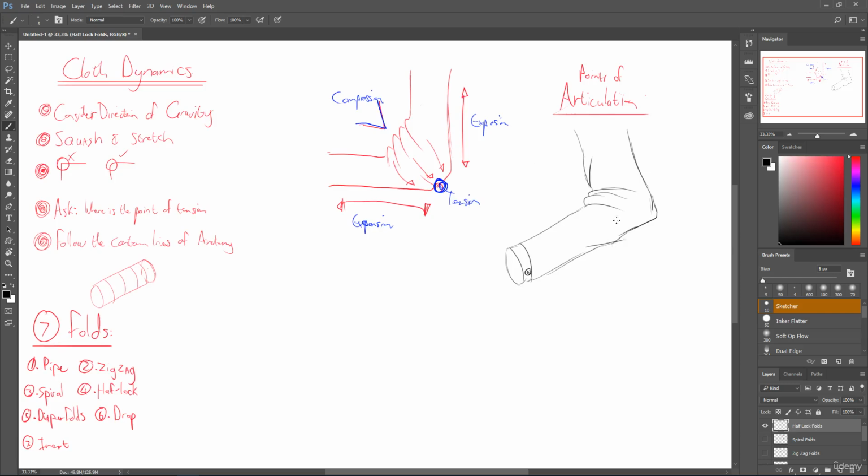And we get these half-lock folds, characterized really by the overlapping and the directionality toward the point of tension. All right, so that's really what we would do there. And you would do this in the same area on the legs, obviously the back of the legs. And also areas where the fabric is very tight.